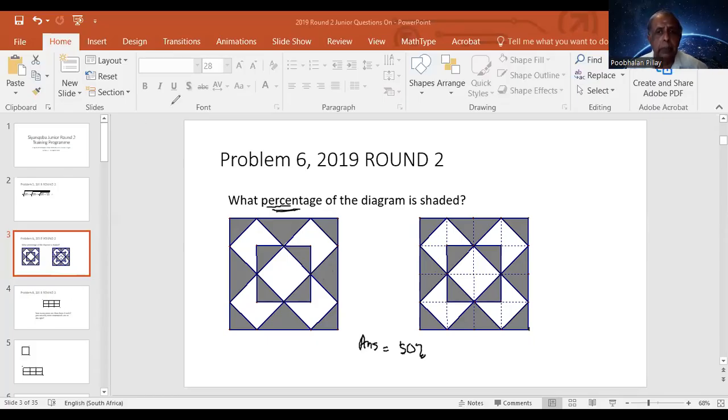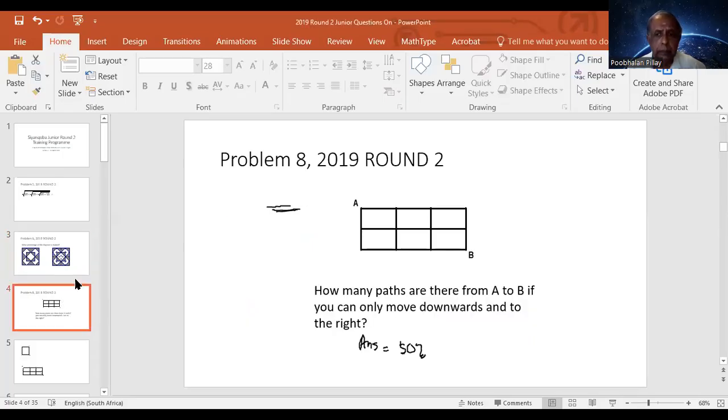Okay, so the next problem is: how many paths are there from A to B? There's A here, there's B here, and the paths from A to B, if you can move downwards and to the right.